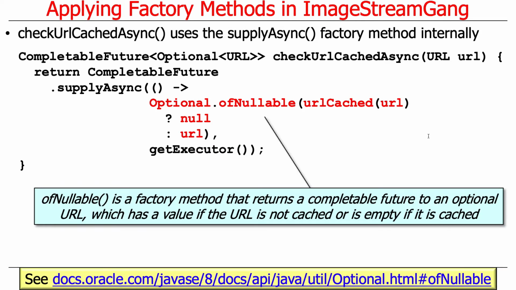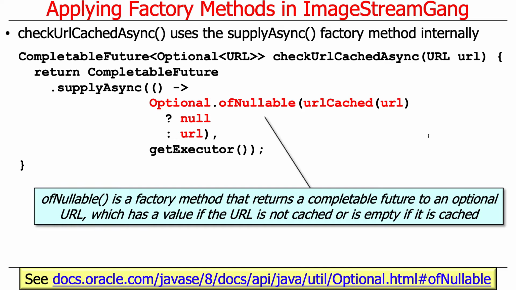This particular piece of code does some interesting stuff. It takes the URL and it calls this method called URLCached. And we'll take a look at URLCached in a second. URLCached is basically the same implementation that we had with the parallel streams version. It just goes and sees if this URL already exists in the file system.